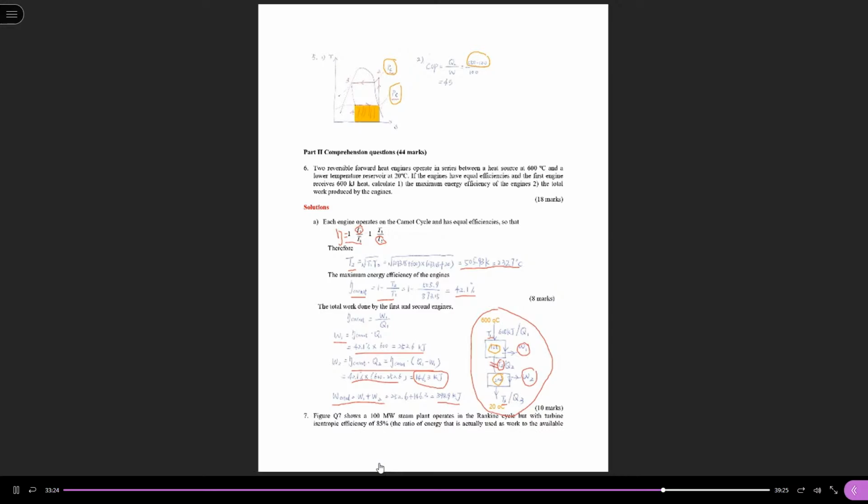So we can see question 7: we know the rated power output is 100 megawatt for the steam plant. So this value is the rated work output.